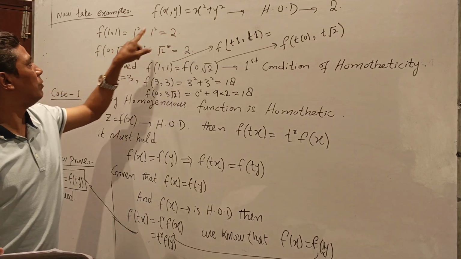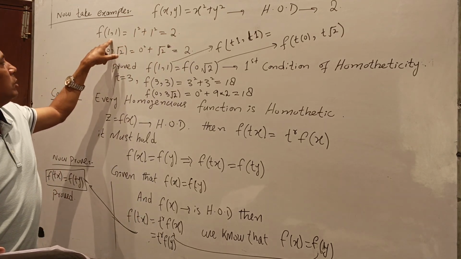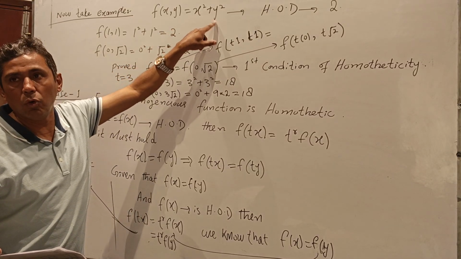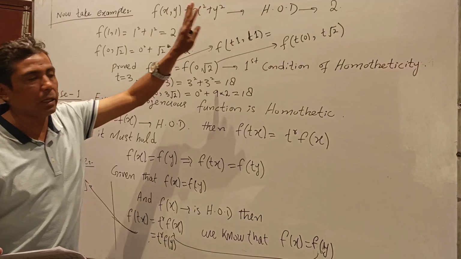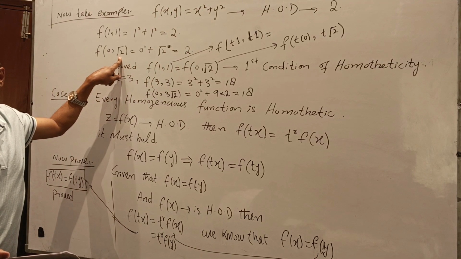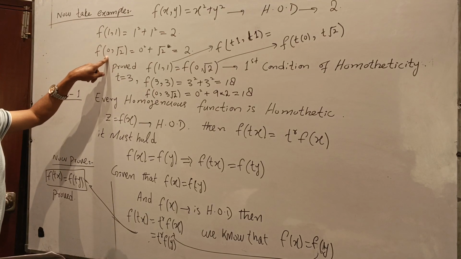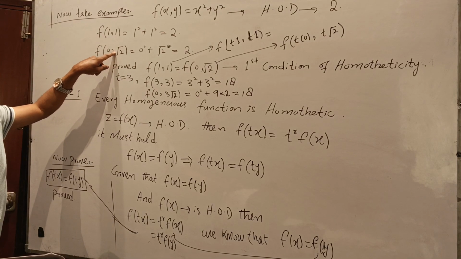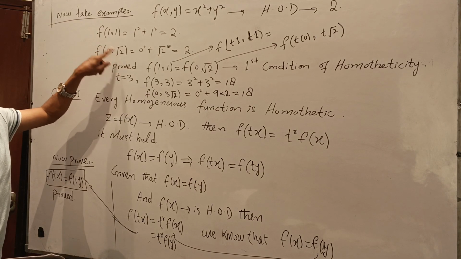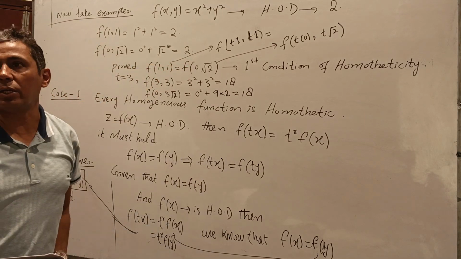Put here 2 square when we multiply by this 2, so t equal to 2: 2 square plus 2 square, 4 plus 4, 8. Clear? Now again the same value of 2 is here, so 0 and 2√2. The square of 2 is 4 and this is 2, 4 twos are 8, again you will have 8.